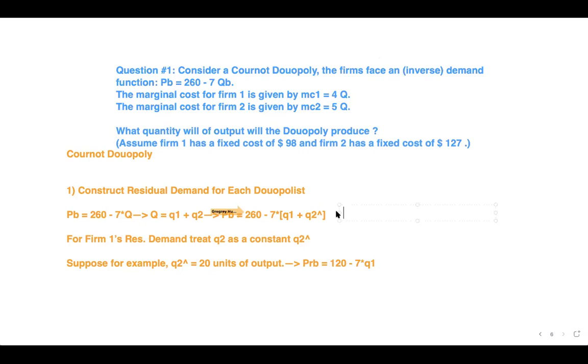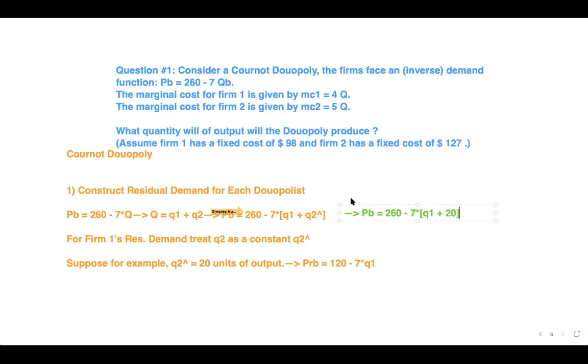Yeah. So what I did is I just reduced everything from here to 60 minus 7 times Q1, and Q1 is still what it is, but I have plus 20, right?